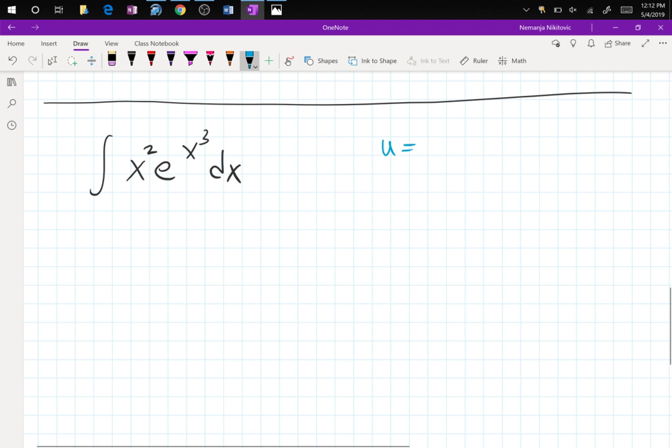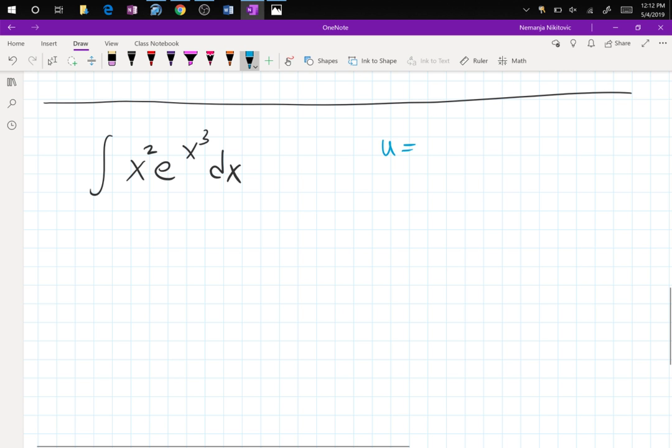So how many functions do you see on a pile over here? All together. How many? 1, 2, 3, right? So you have three functions. So which of the three functions has the derivative present?